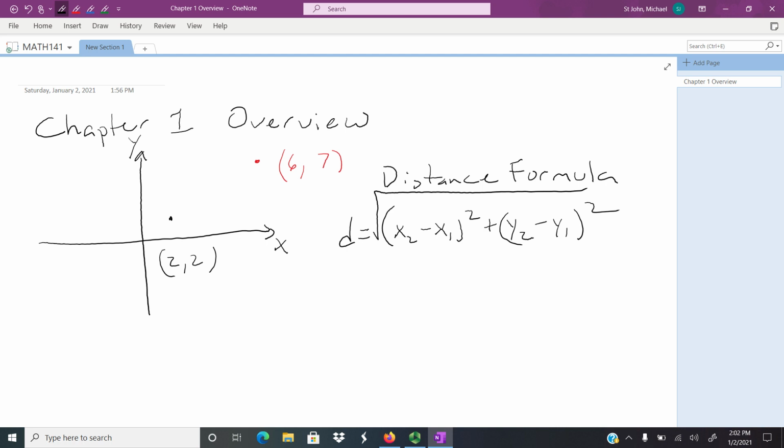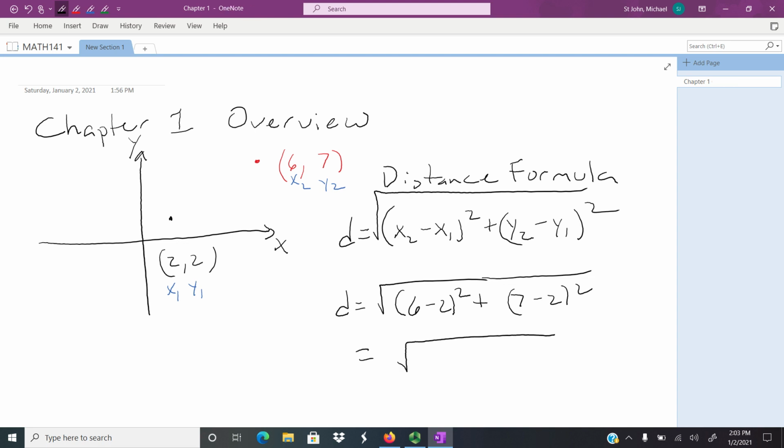So in terms of my example here, let's call this the point x1, y1. We'll call this the point x2, y2. And so the distance between my 2 points, d, is going to be the square root of 6 minus 2 squared plus 7 minus 2 squared.